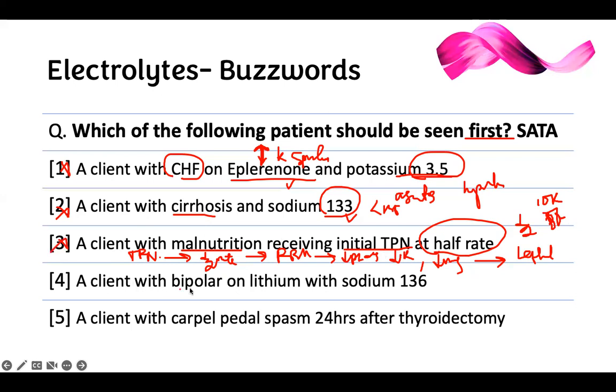A client with bipolar on lithium with a sodium of 135. I try to give you guys some knowledge-based content so that if you see it in some of my questions, when I do questions, that's the way I do it. Fact about lithium: avoid dehydration as much as possible. Your kidney function should be normal, so creatinine should be normal.